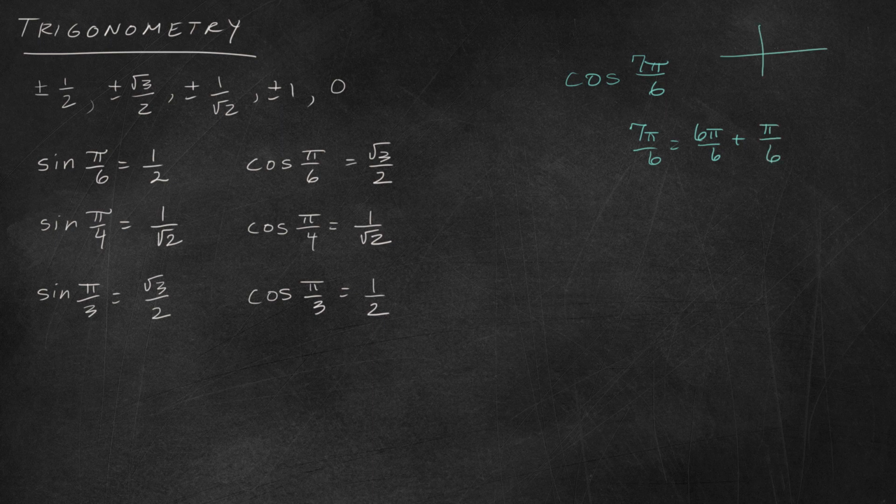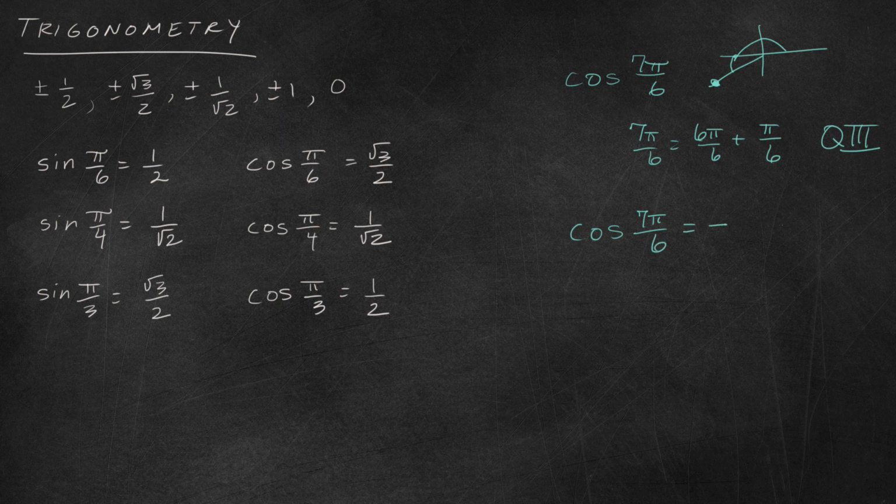Okay, so 6 pi over 6 is here, 180 degrees, or pi. And then I'm going to go forward one more pi over 6. Okay, so that puts me in quadrant 3. And I know the cosine in quadrant 3 is negative. Okay, so cosine of 7 pi over 6 is negative.